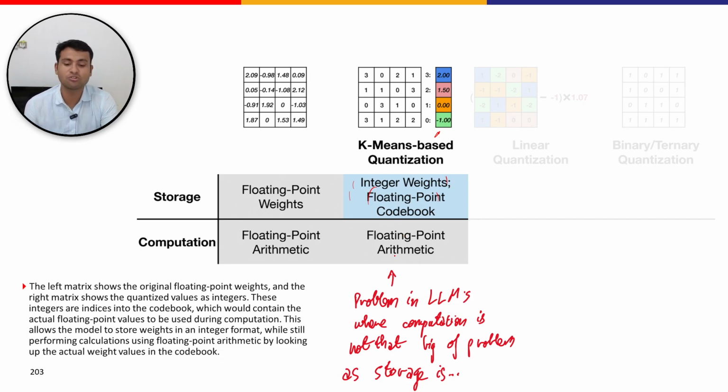So the computation is always in floating point arithmetic, and this is the case with modern LLMs. In modern LLMs, there are 175 billion parameters. Just imagine the scale.